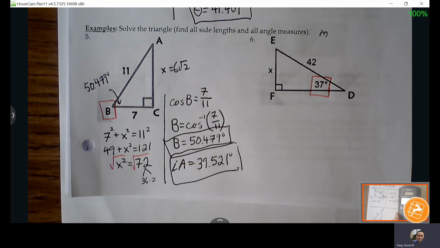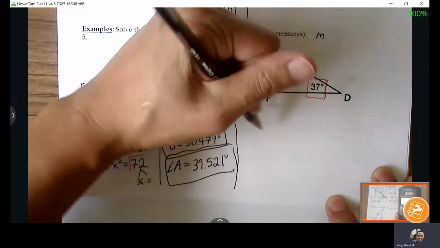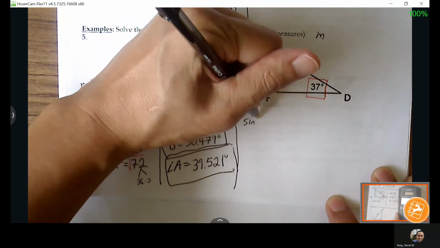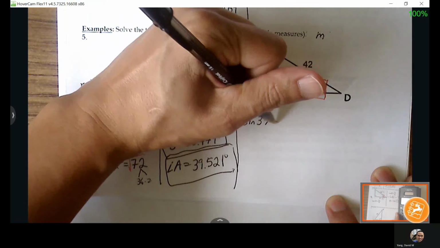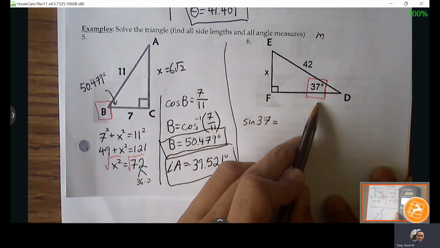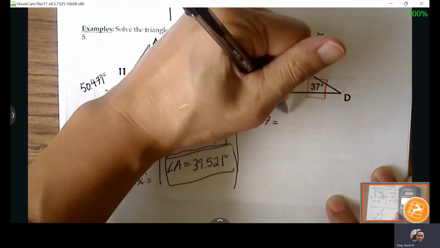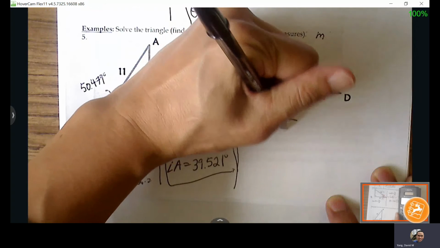Which trig function do you think will be the best suited for what's available? Sine, right? X is opposite, 42 is hypotenuse, will involve sine. So sine is opposite over hypotenuse, so I can say x over 42.